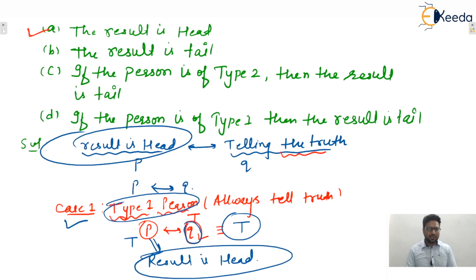I hope this is clear. So that's all about logical reasoning and mathematical logic. Mathematical logic is a very important chapter in discrete mathematics, and it will be beneficial and used in many other technical subjects in computer science.